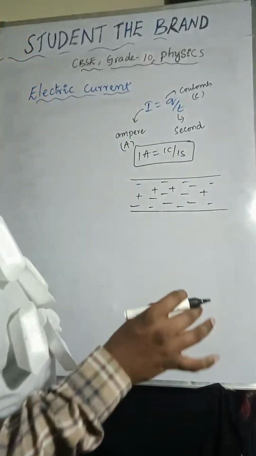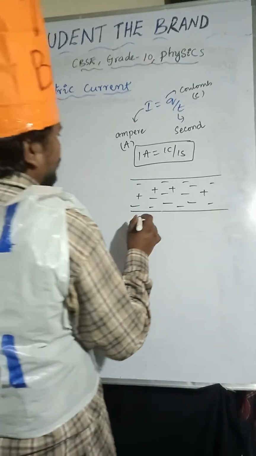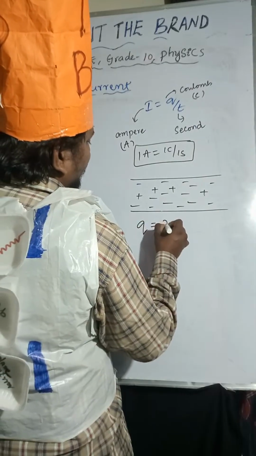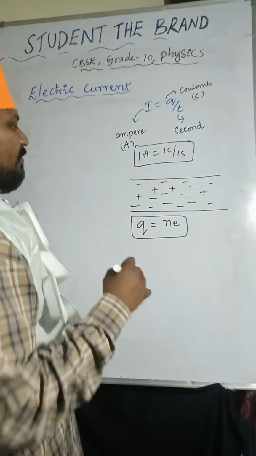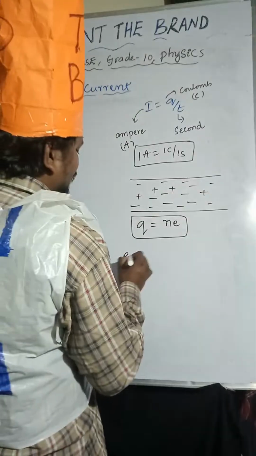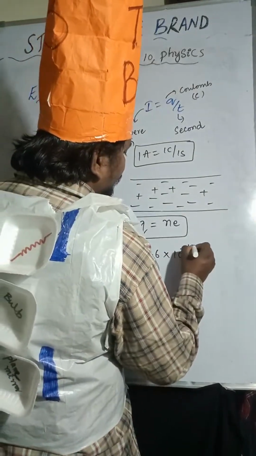So that is known as quantization of charge. Q equal to plus or minus Ne, where N is the number of electrons and e is the charge. So charge on an electron is 1.6 into 10 power minus 19 coulomb.